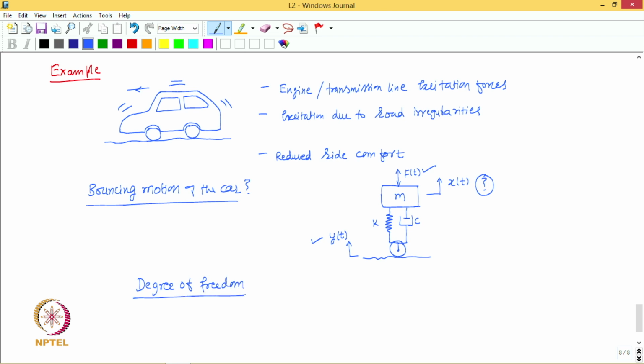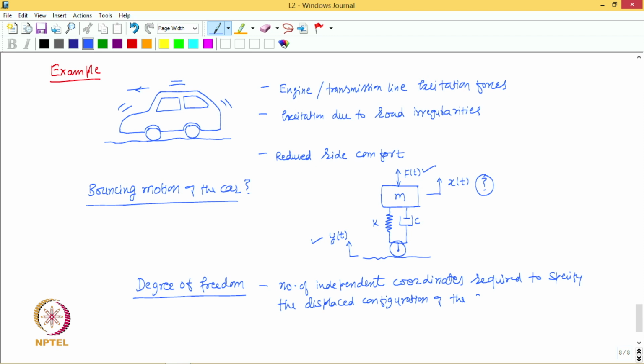So, what is degree of freedom? Degree of freedom is the number of independent coordinates required to specify the displaced configuration of the system.